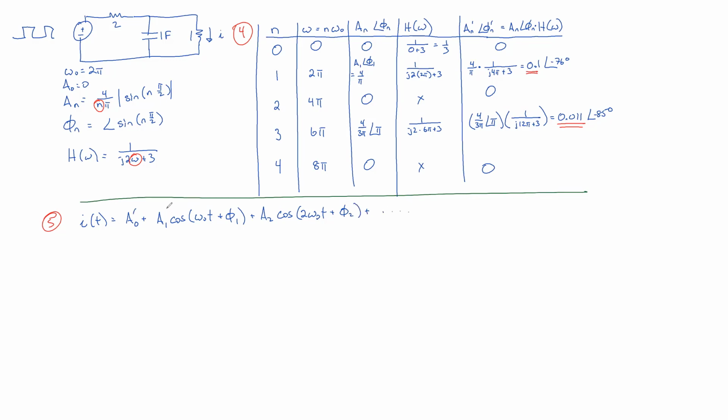And I should have said these are our outputs, so I've got our little prime symbols on this. And so for this particular example, it's equal to 0.1 cosine of 2 pi t minus 76 degrees plus 0.011 cosine of 6 pi t minus 85 degrees plus, and you can continue to add them up.